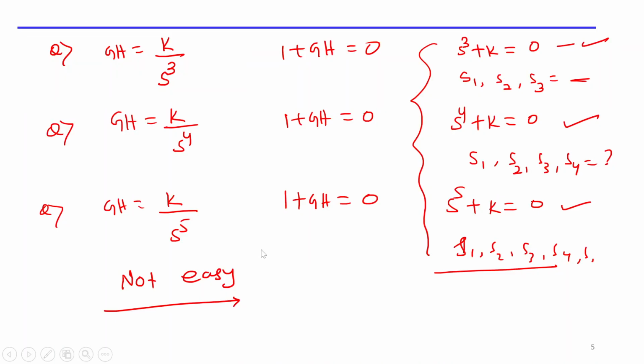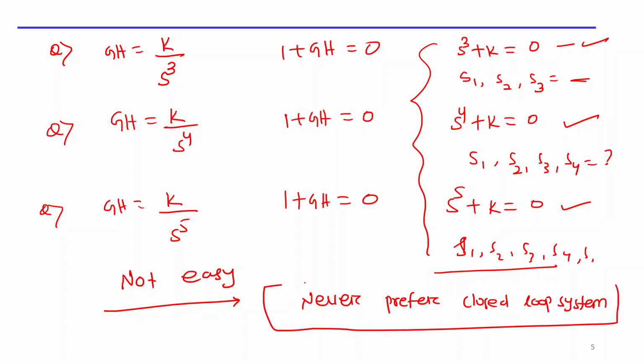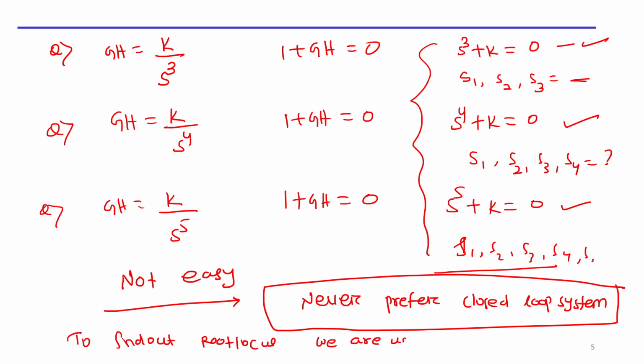Whenever you are finding the root locus, we never prefer the closed loop system. So what we are going to do here to find the root locus is use the open loop transfer function rather than the closed loop transfer function.